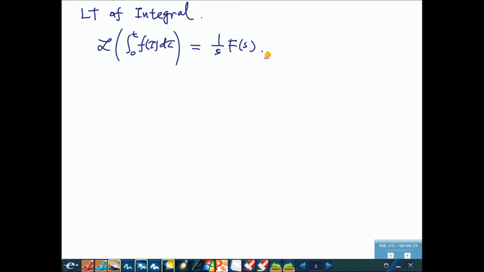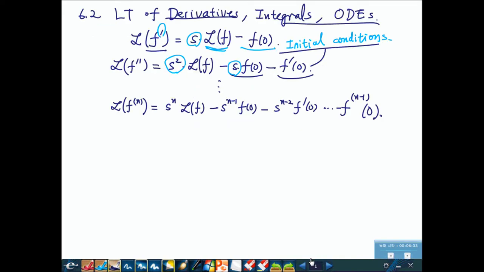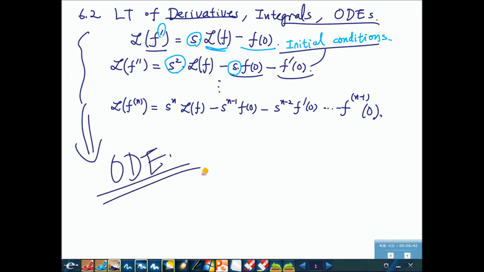If you have one integration, that means 1 over s times. For the proof, you can try it on your own. We're going to use this rule to solve ODEs.